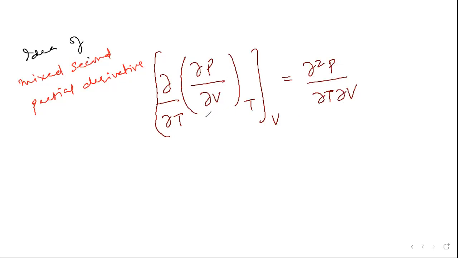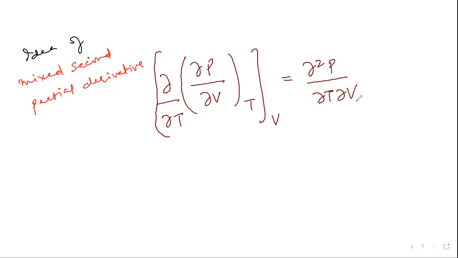Meaning of this is, first we find the partial derivative of pressure with volume, keeping temperature constant. Now the result which we get, we differentiate that with respect to temperature, keeping the volume constant. So first we differentiate with respect to volume, keeping temperature constant.